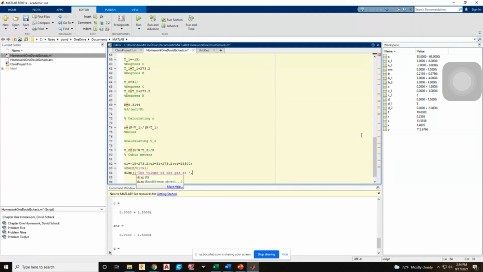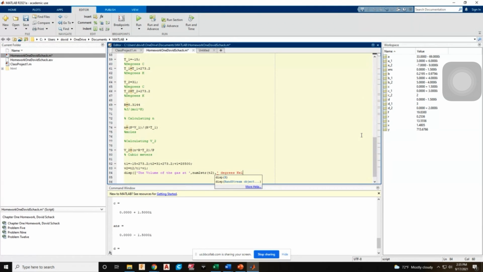So we say num2str, because remember, you cannot use values with the characters, so we have to use the converter. And then we add the units. So here again, comma, apostrophe, space, and what's the unit here for T2?